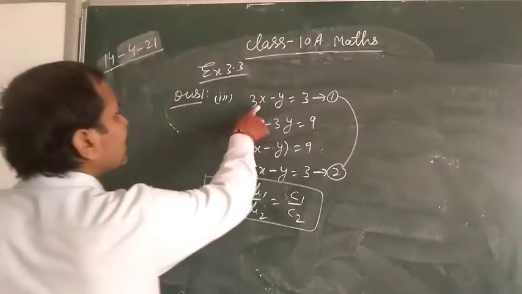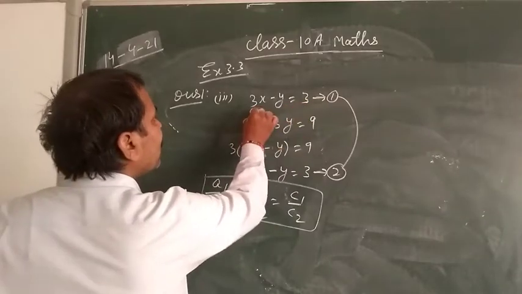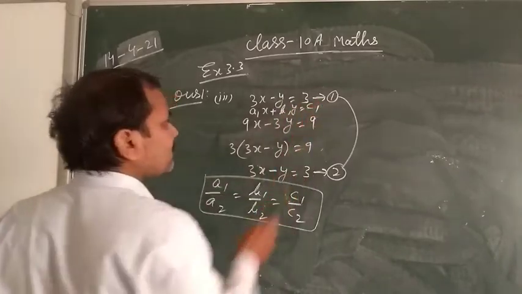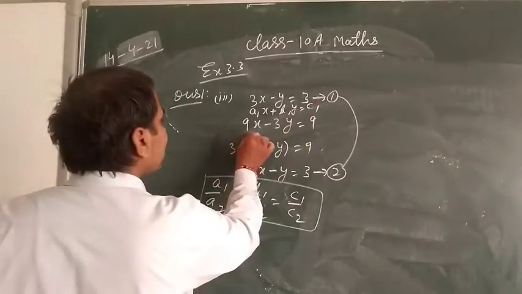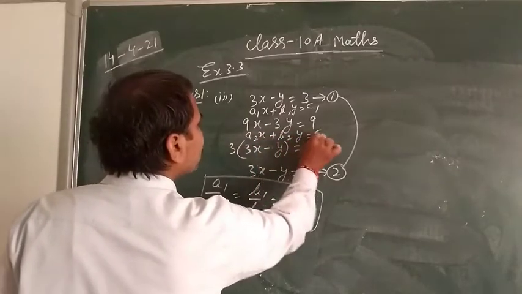So you compare the equations: a1x plus b1y is equal to c1, and for the second one a2x plus b2y is equal to c2.